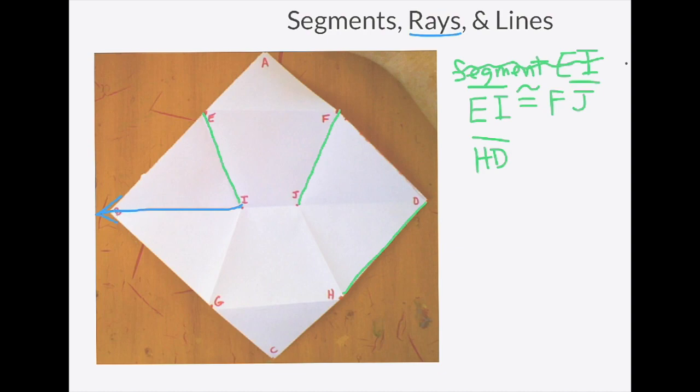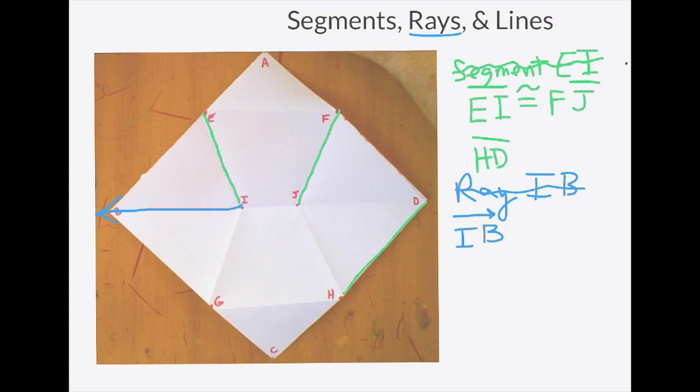The way to write that down would not be, I guess you could write it out in words, ray IB, but instead of writing it that way, we like to shortcut it and write IB with a ray symbol above it.